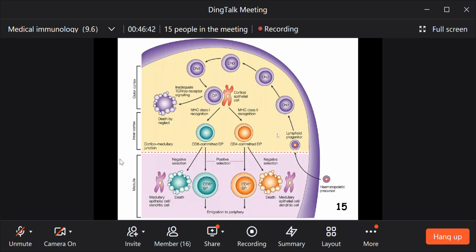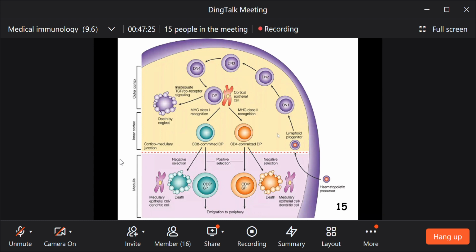The one is that after T cell maturation, it can take part in the immune response, and the response is just against foreign substances. The second one is that the T cell won't attack your own components. You can imagine that if the T cell attacked yourself, it would be a very terrible thing.